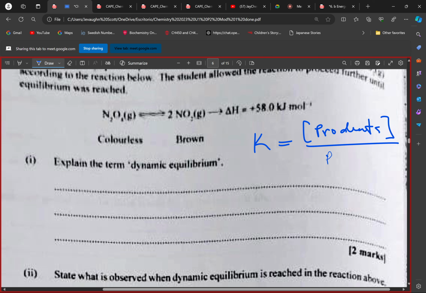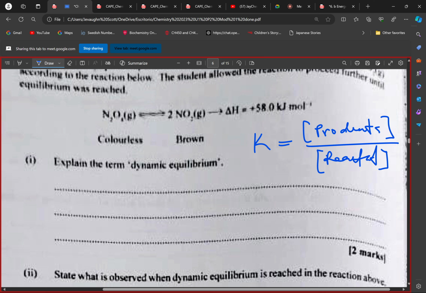NO2 in brackets raised to the second power, and then N2... What? Sir, we're talking about gases. They're not concentration. Oh, the partial pressure.